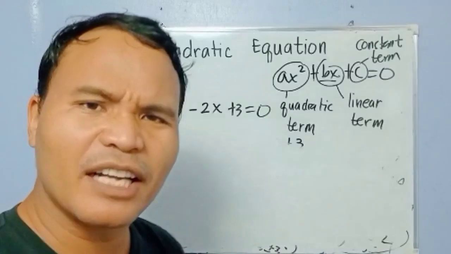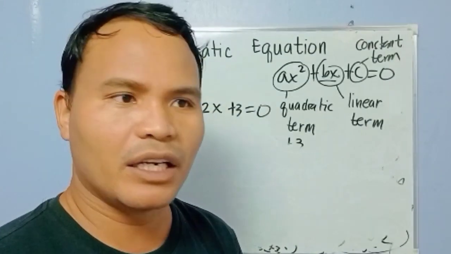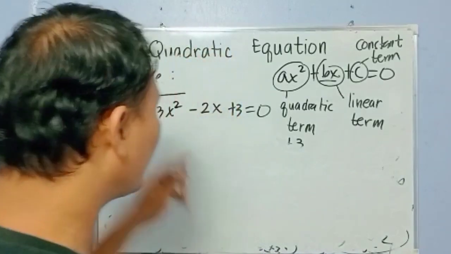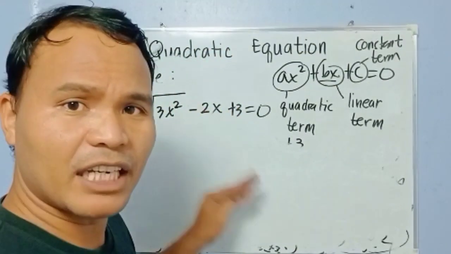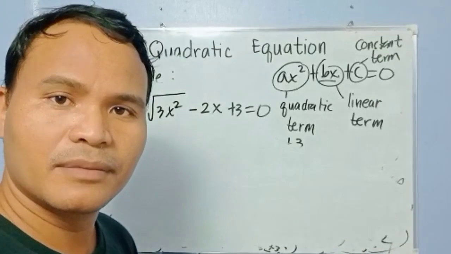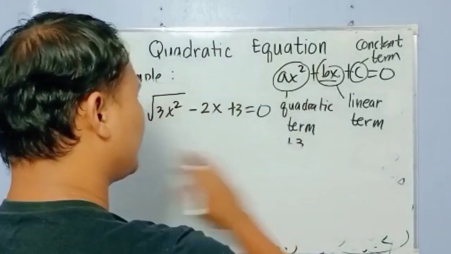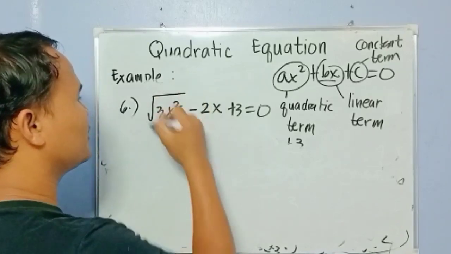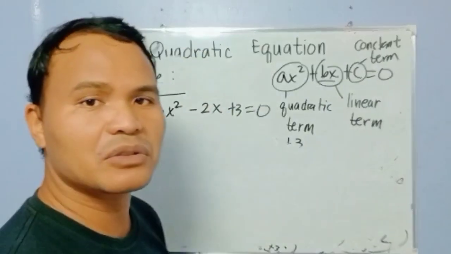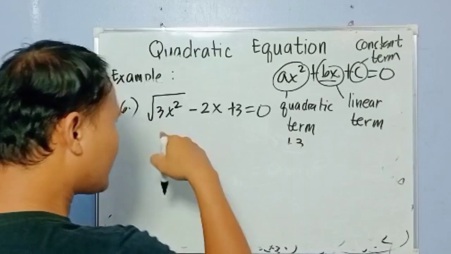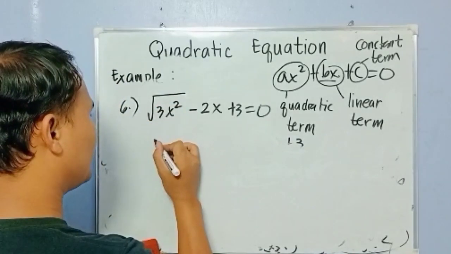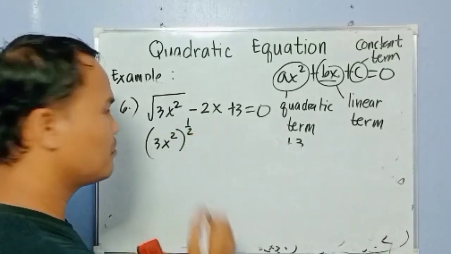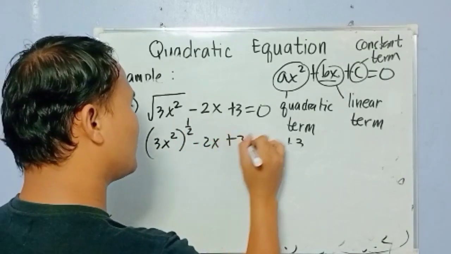Why? Sir, isn't the square root of 3 an irrational number, and take note, irrational numbers are real numbers? So you say this is a quadratic equation. No, this is not a quadratic equation. Why? As you observe, x squared is included in the radical sign. Meaning to say, if we simplify this, this will become 3x squared raised to the power of 1/2 minus 2x plus 3 equals 0.